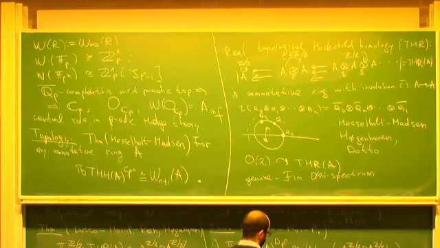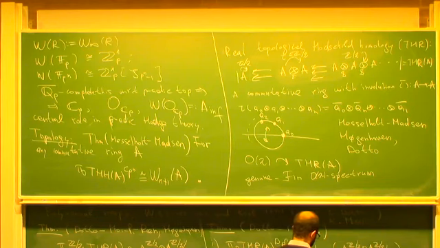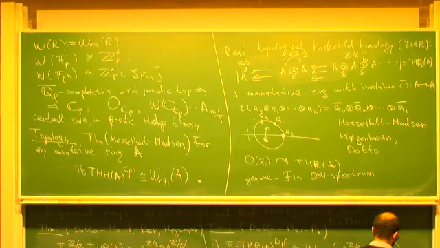Assume that this map, the multiplication from this quotient to the fixed points, is injective.